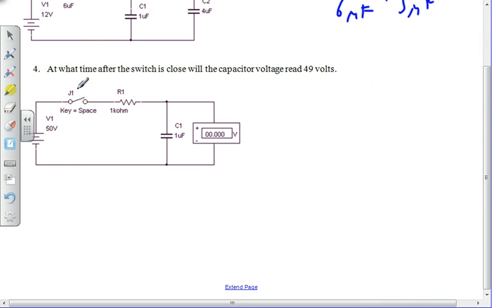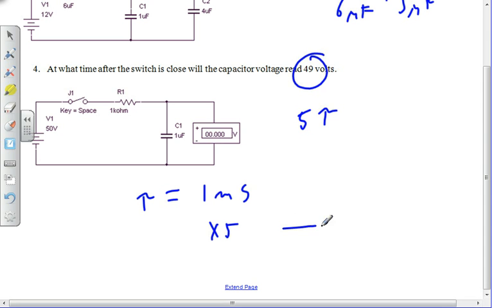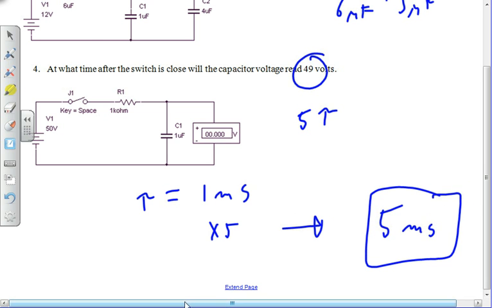Okay, well, what time after the switch closes will I get there? Probably about 5 time constants, because that's almost fully charged. A time constant is RC, so the time constant is 1 millisecond. So the time after the switch closes will be 5 times that, implying 5 milliseconds. I'm done with that one.